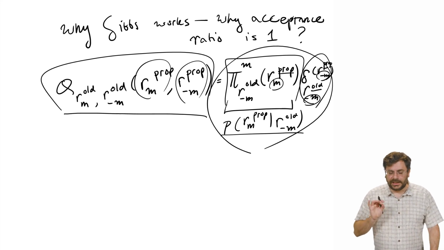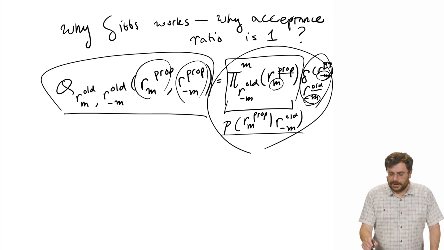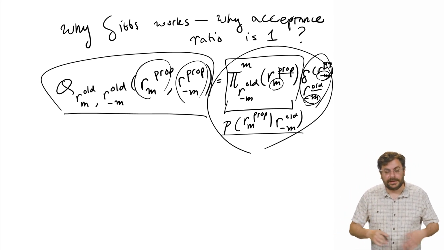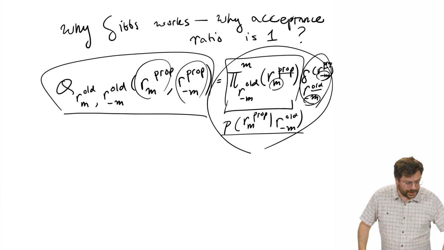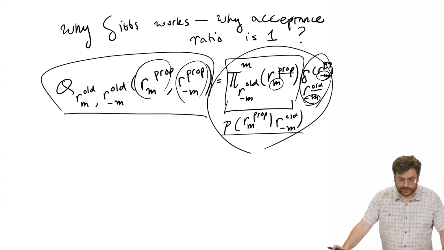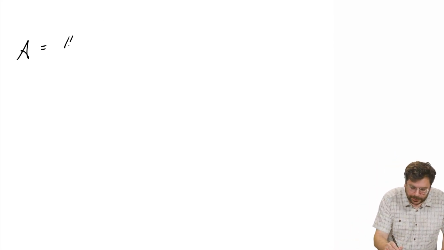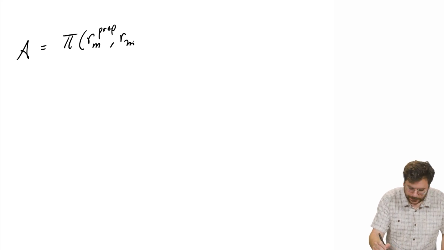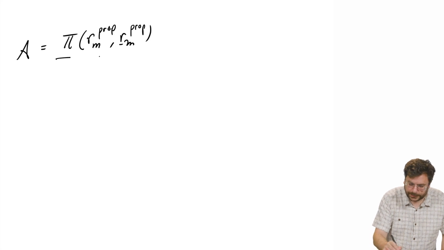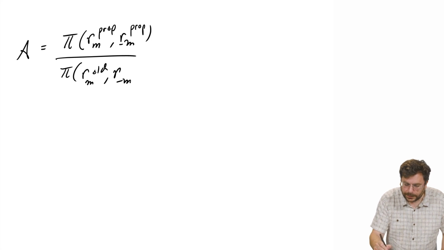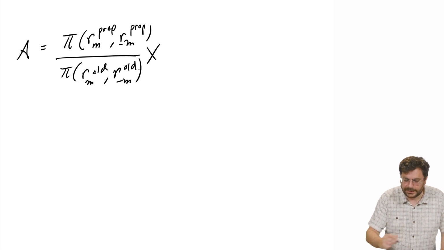Now, if I can show that selecting this proposal distribution makes my acceptance ratio 1, then I will have justified the Gibbs sampling algorithm. So let's write down what the acceptance ratio is for this proposal distribution. This will be a little notation heavy, but we have pi of Rm proposed, R minus m proposed, divided by pi of Rm old, R minus m old.